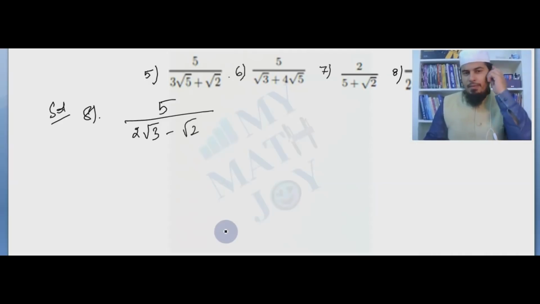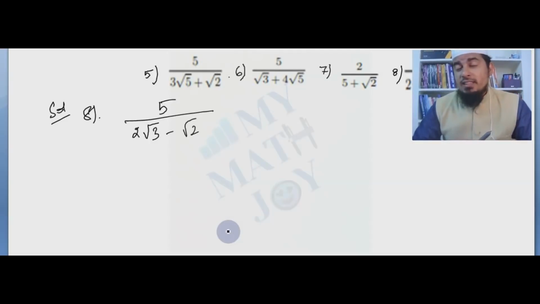Why must I simplify? Because the denominator is an irrational number, and in mathematics we don't keep irrational numbers in the denominator. It is not in the standard format. So I have to rationalize the denominator here. And how to do it? I have to multiply and divide by the conjugate of the denominator.